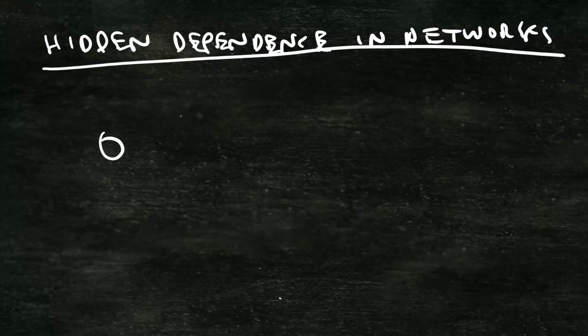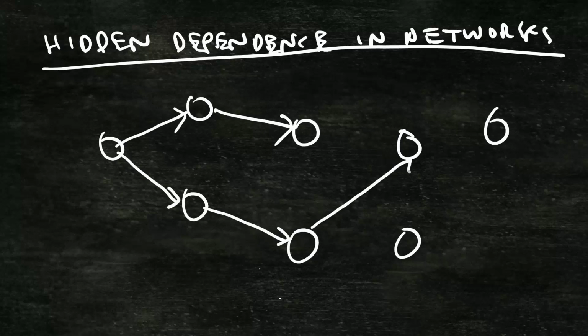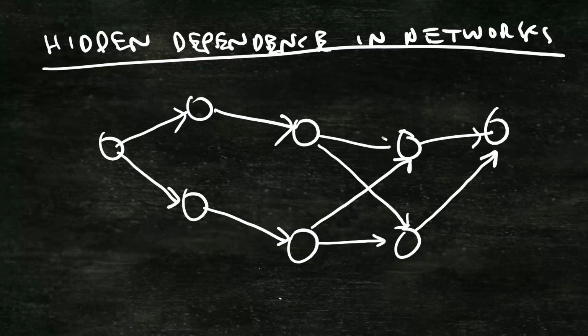So let's take a network, much like the ones we've drawn so far, and we'll have something like this. A little bit messy here. Okay, so now if we need to convert this to a linear program, we would have as many equations as there are nodes.